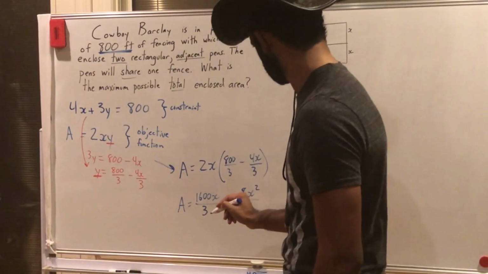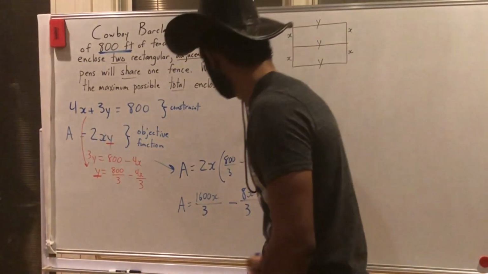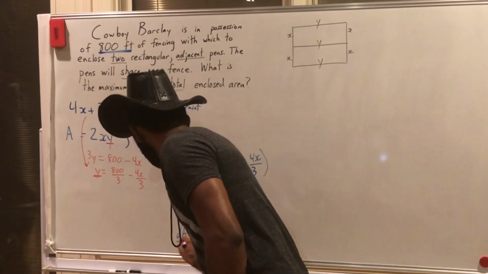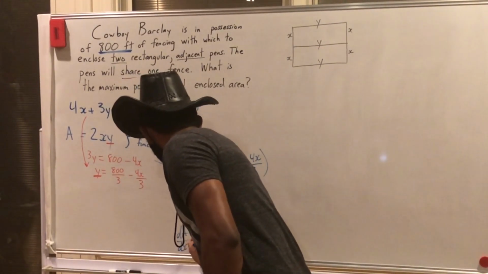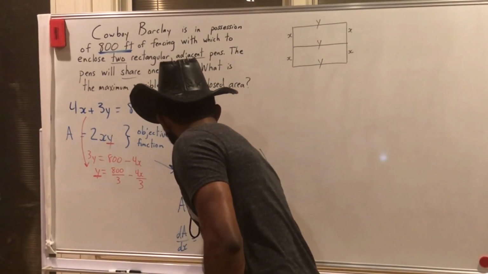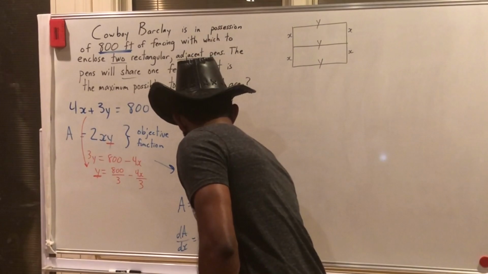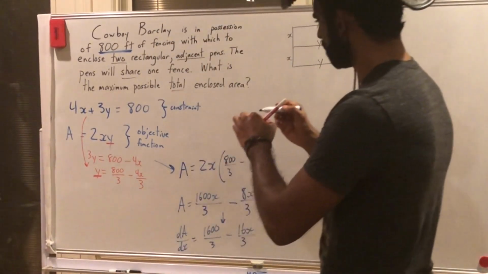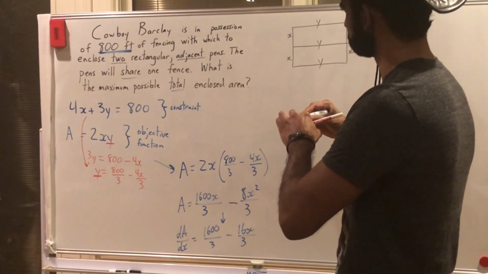And while I'm here, I might as well take the derivative. What is A prime, or dA over dx? It'd be 1600 over 3 minus 16x over 3. It looks good to me.